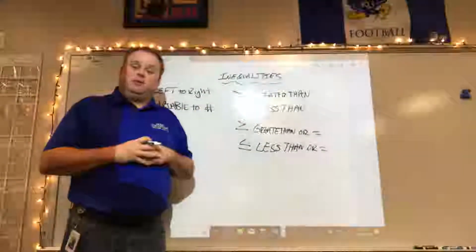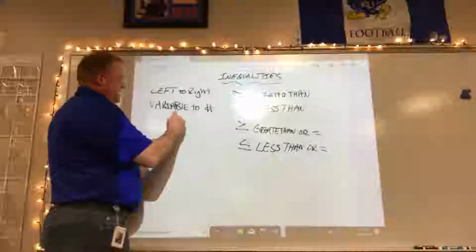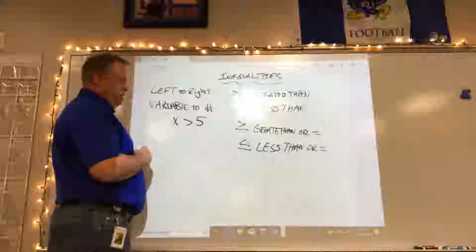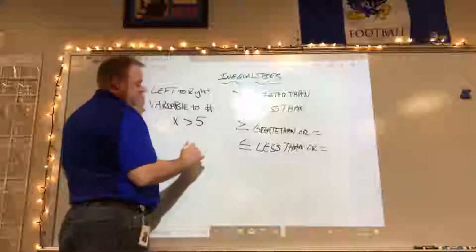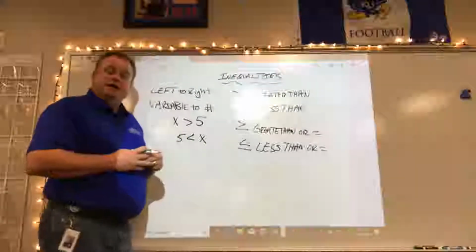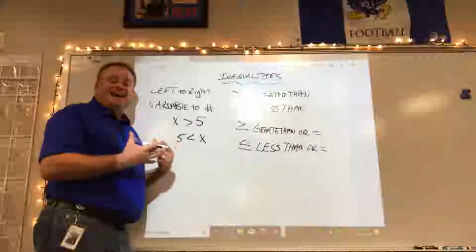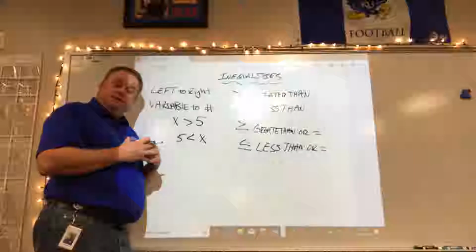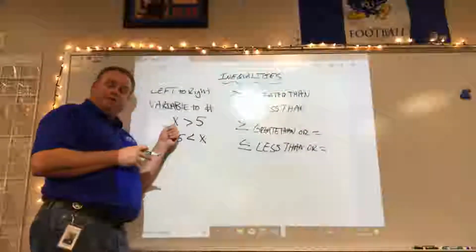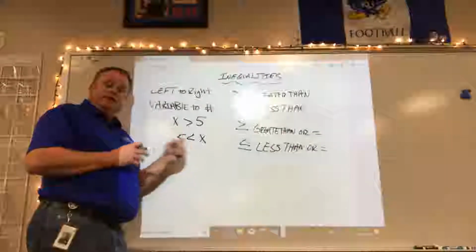Your variable to your number. It should always look something like that. We don't want it on this side. Is it correct? Yes. But when we go to graph, it makes it much more difficult. So we always want our variable on the left-hand side, never on the right.